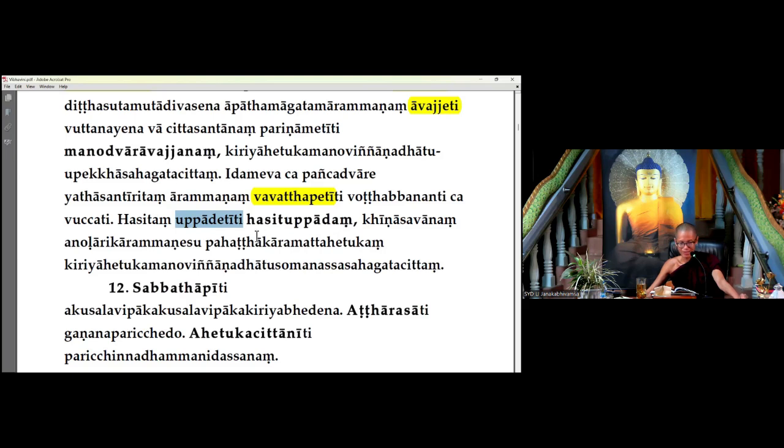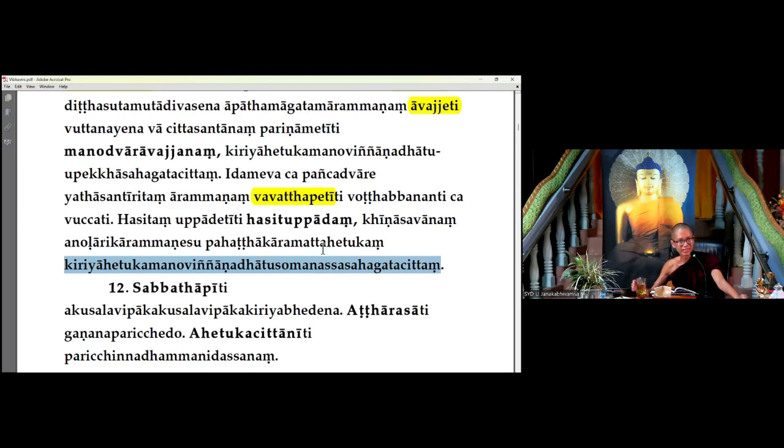Okay, after that, Kinasawana, Anolarika Aramanesu, Bahata Kara Madda Heduka, Kiriya Aheduka, Manovinyana Dhatu, Somanasa Sagata Chaita. Mainly Hasidobada is Kiriya Aheduka, Manovinyana Dhatu, Somanasa Sagata Chaita.